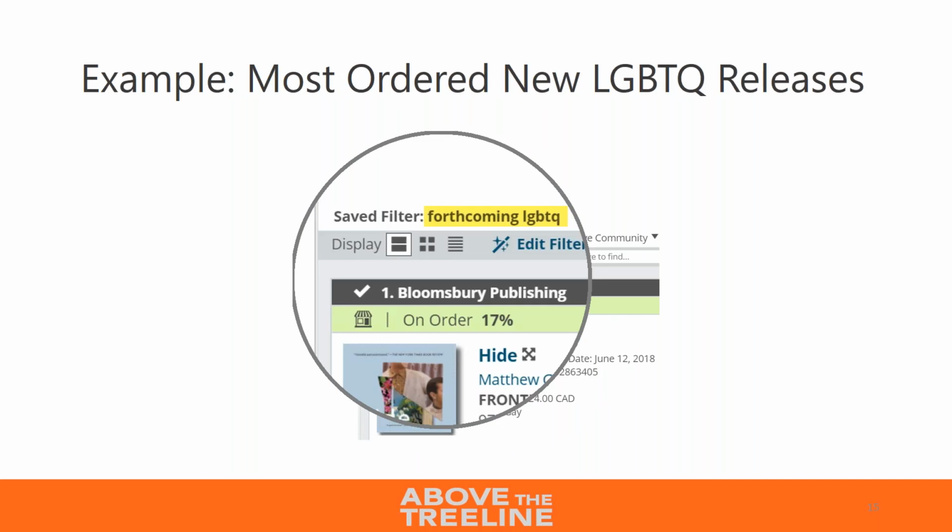And also, just to get back to that point about being able to filter down to a very small group, one of the key features that's available for everybody in Edelweiss is that you can create these saved filters, and you can see in this example, there's one that says forthcoming LGBTQ, and that's one that I made by combining some categories and then also making them forthcoming titles.